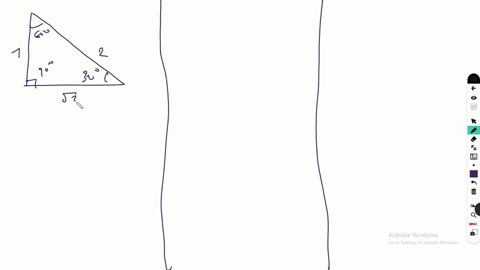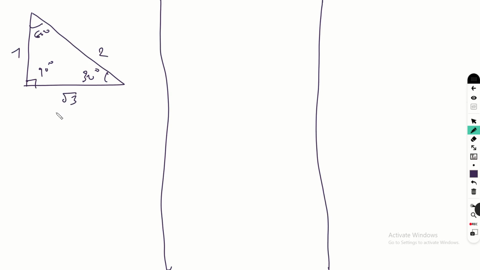Look at this case. This is our triangle, as we said before. This is 90, this is 30, and this is 60. So this is 1, this is 2, and this is root 3.